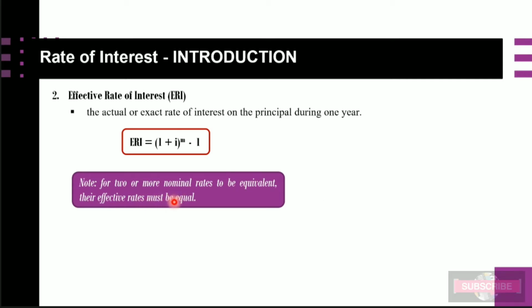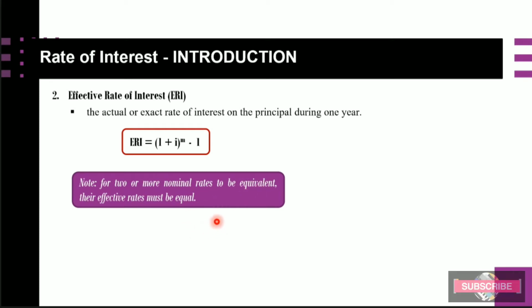Okay, if there are problems that give you the interest rate for such compoundings, and then you need to determine the interest rate for another compounding, you will probably use this effective rate of interest. To be equivalent, you equate the two to get the equivalent interest rate, for example, if it is quarterly, what is its equivalent if your compounding is yearly or semi-annually.